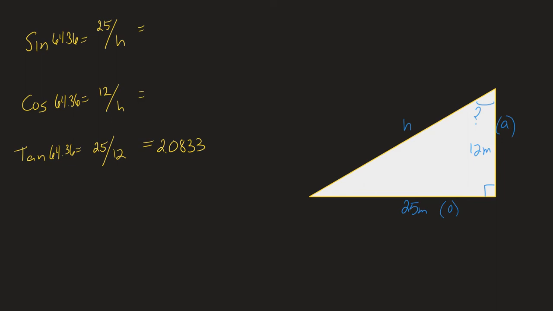So, your step was to find the angle that goes with the given ratio, and then write that angle in to all of your functions, all of your trig functions. Your next step, compute the remaining two ratios. So, sine of 64.36 is 0.9015.